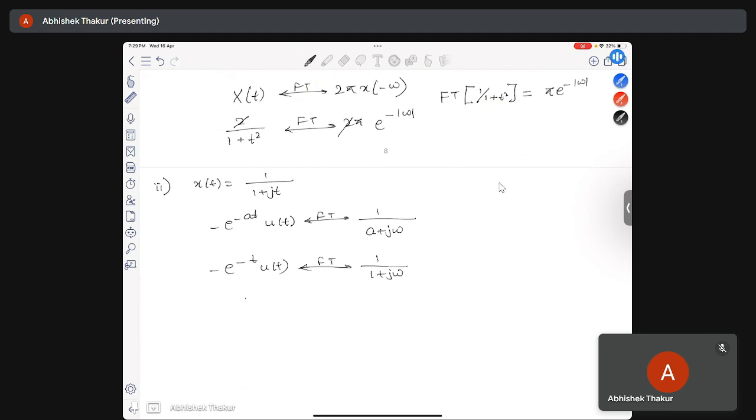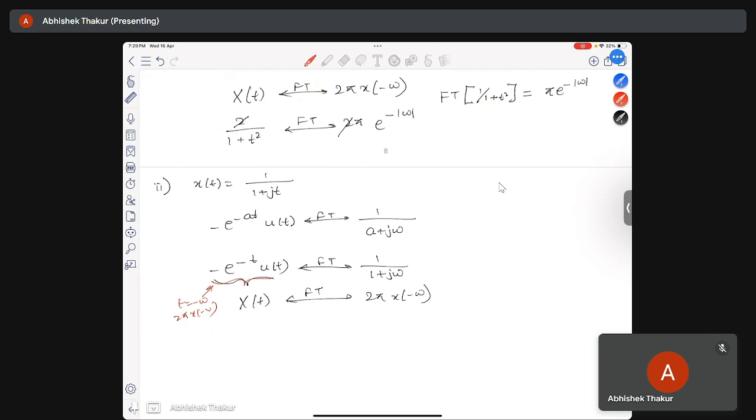So now here, X(t) will have the Fourier transform 2π x(−ω). So we have to substitute t equal to −ω in 2π x(−ω).